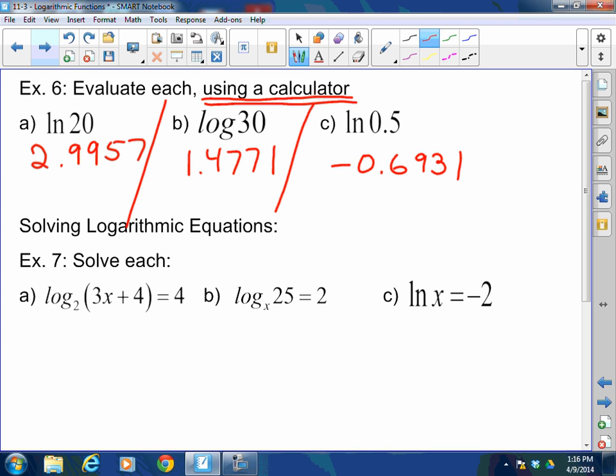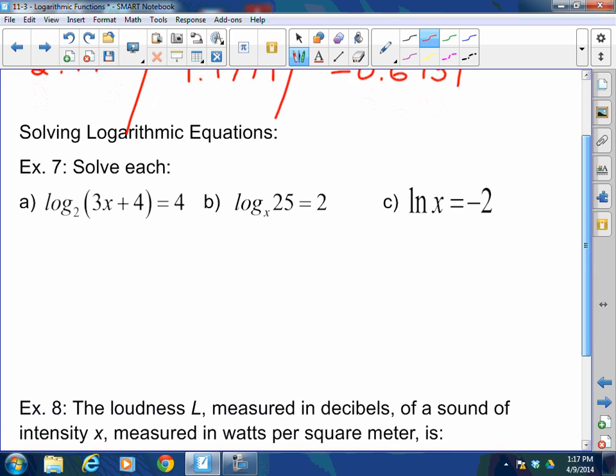Right? So this is Mickey Mouse. You can use the calculator for stuff like this. Calculator's not going to be super awesome all the time for this chapter, but when it is, oh, it's sweet.